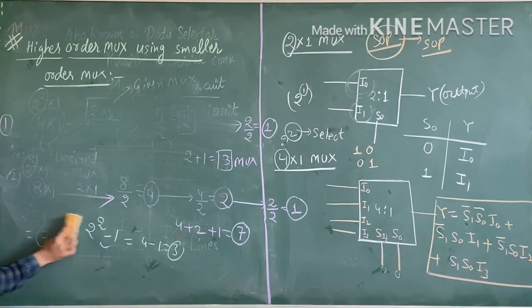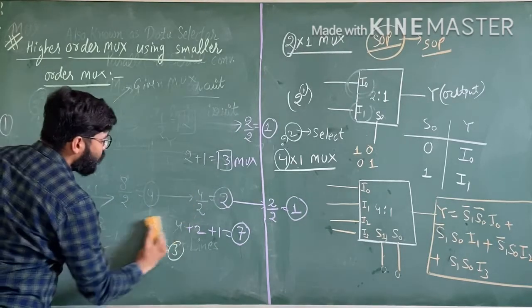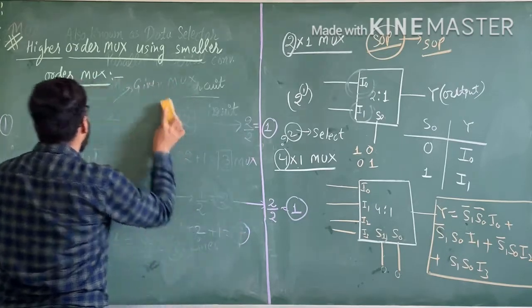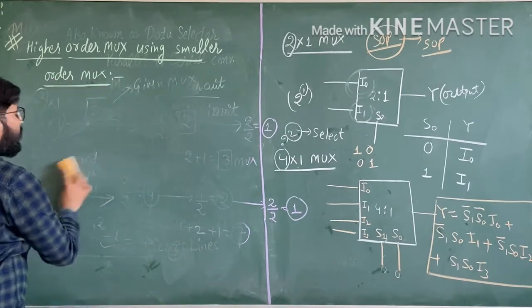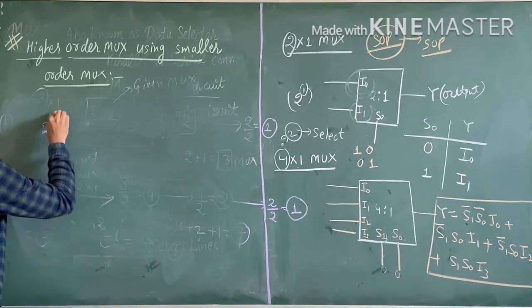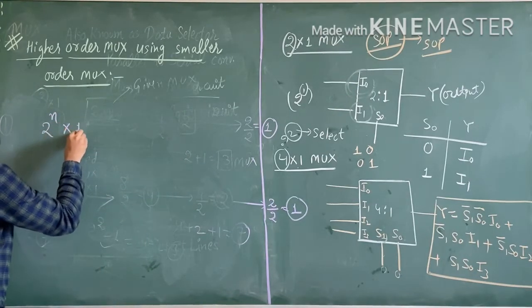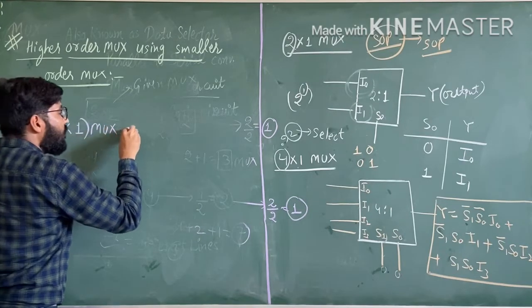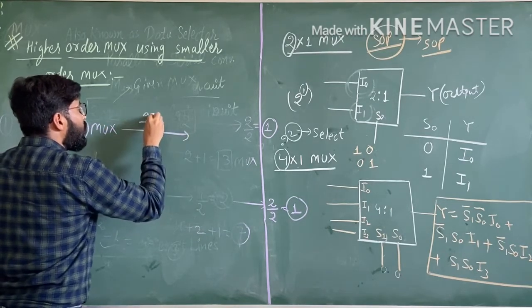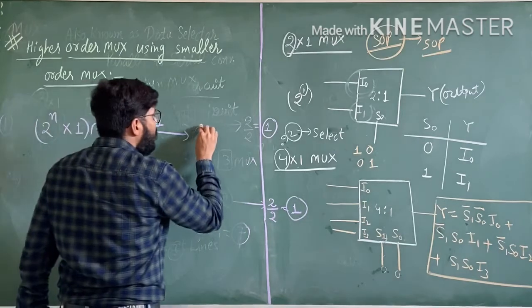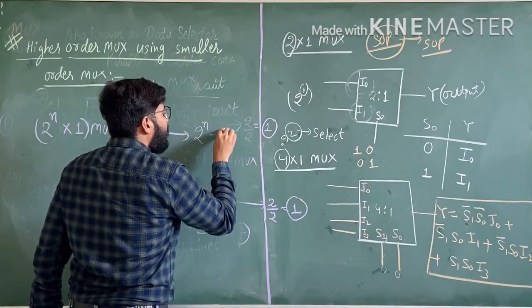Suppose we have 2 raised to the power n cross 1 MUX. This is the given MUX, and with the help of 2 cross 1 we have to design this. So you have to keep a formula: 2 raised to the power n minus 1.